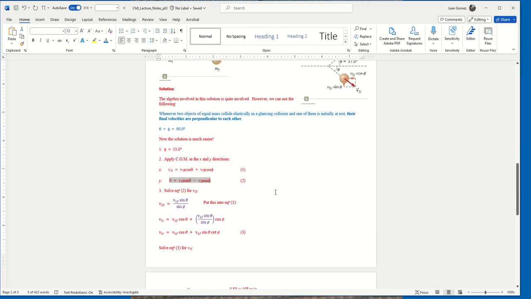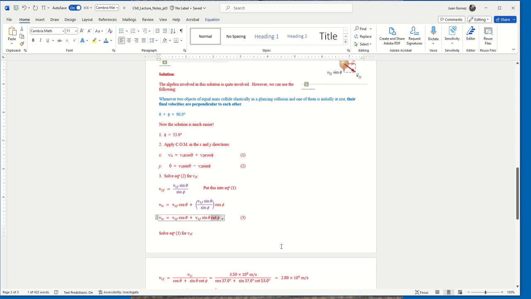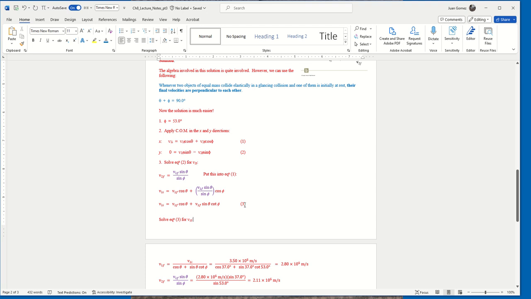So I have equations 1 and 2. I'm going to solve equation 2 for v2 final, take that expression, and put it into equation 1. I get this equation, where cosine phi over sine phi is cotan phi. So I have equation 3.